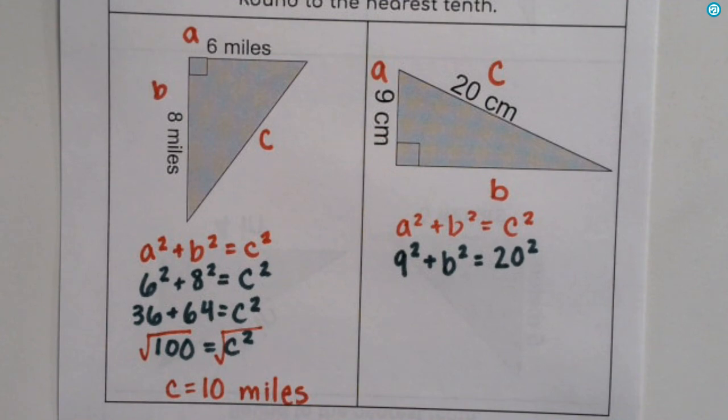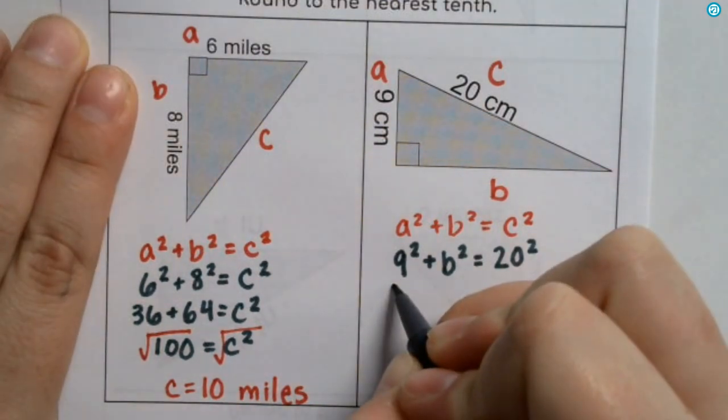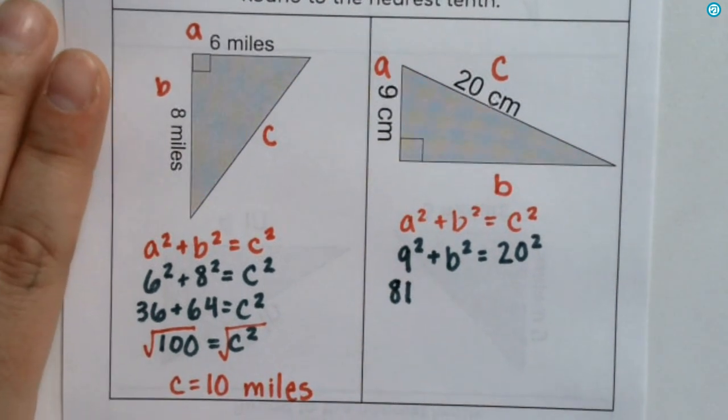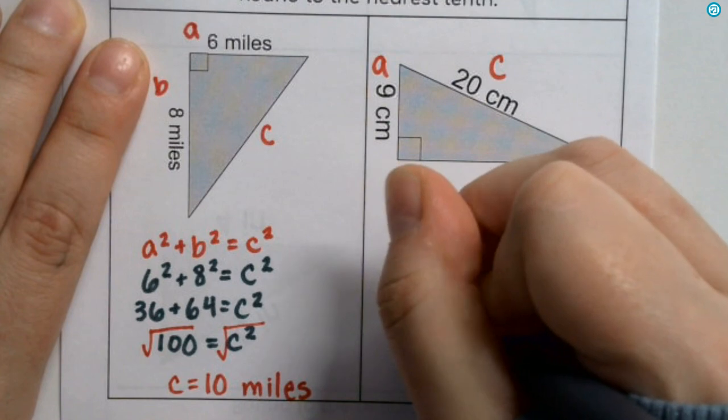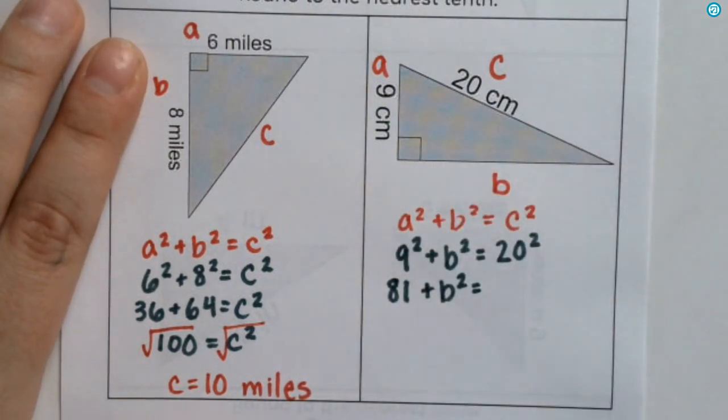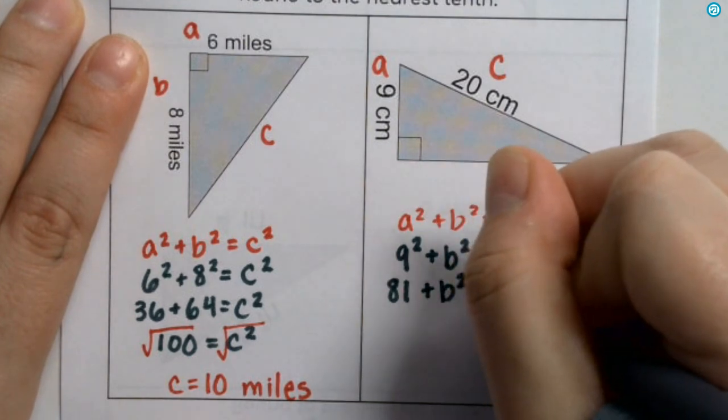Okay. 9 squared is 9 times 9, which is 81. Once you've squared it, you don't have to square it again. Plus B squared. And then 20 times 20 is 400.